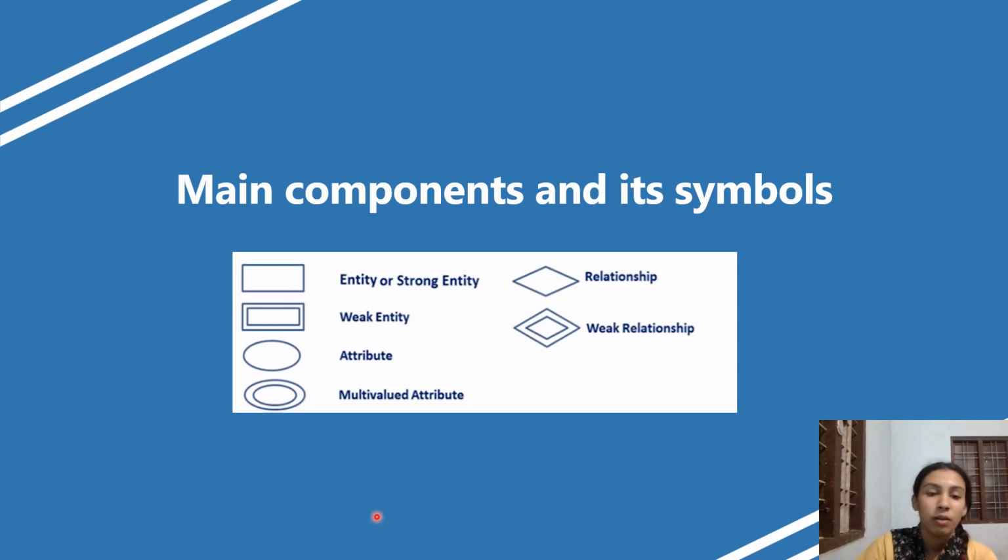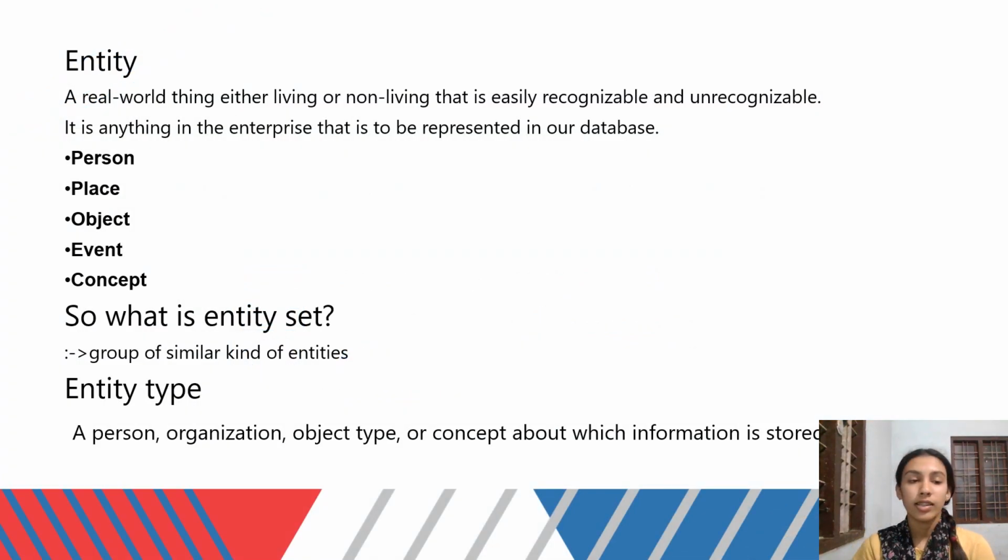Multi-valued attributes can be represented using a double ellipse, and composite attributes are also very important, and we can discuss them during our example. The relationship can be represented using a diamond, and a weak relationship can be represented using a double diamond.